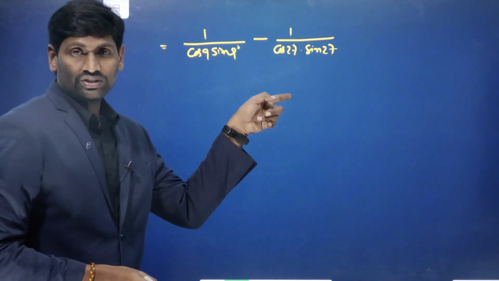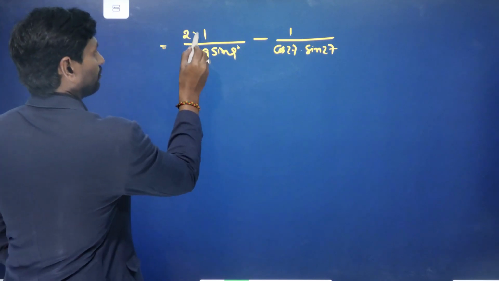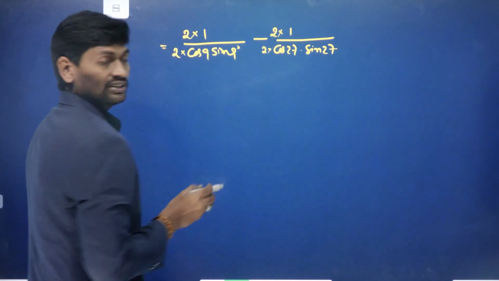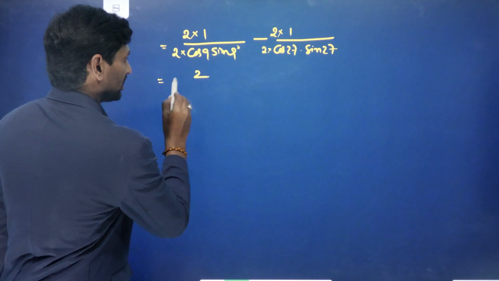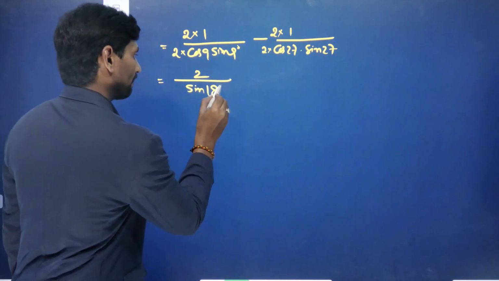Sin theta into cos theta looks like the sin 2 theta formula, but a 2 is missing. Multiply and divide by 2 in both of them. Then the numerator is 2, and the denominator by the sin 2 theta formula is sin 2 into 9, 18 degrees.